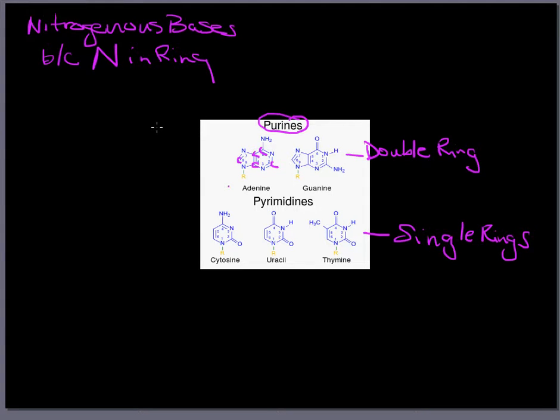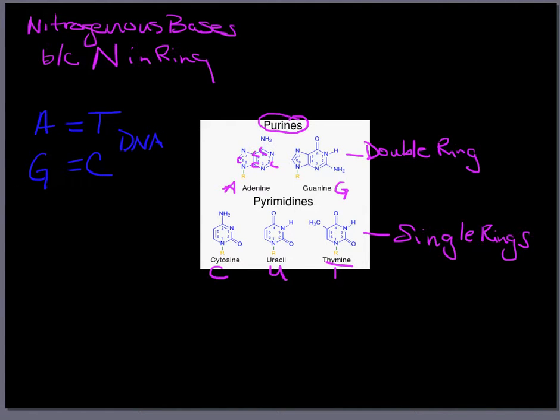You may have learned something about A, G, C, U, and T. And you may have learned A always pairs up to T, and G always pairs up to C in DNA.